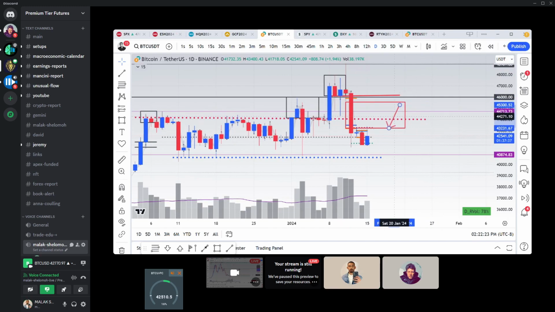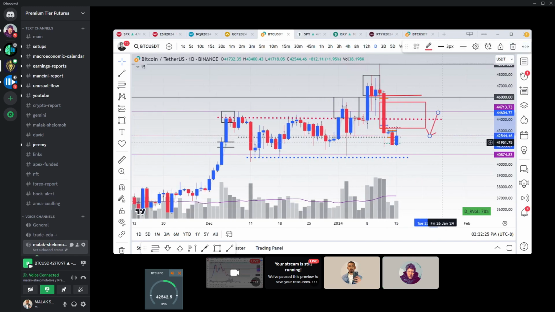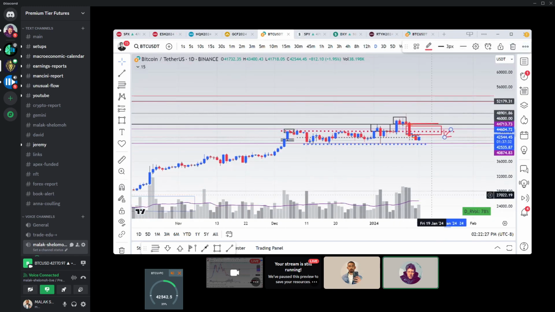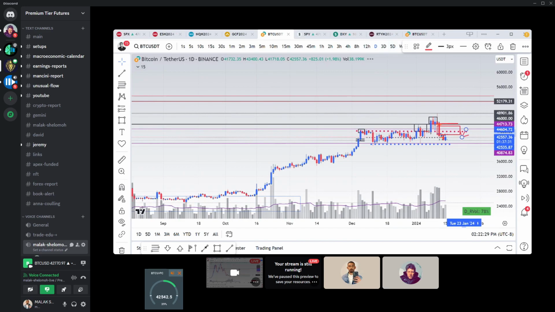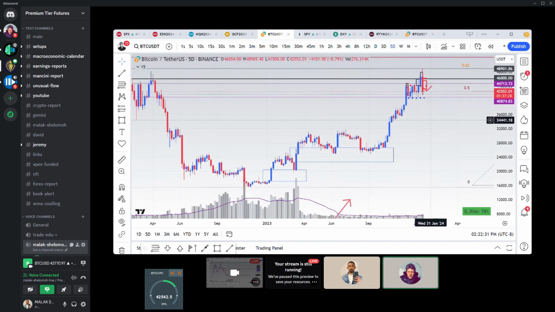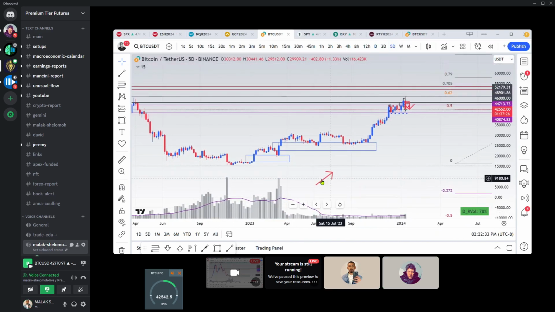Yeah, and then just looking at it on the larger structure, we've got a bottom here. We've got a consolidation here. That's a wave one. Then we've got another horizontal consolidation here. That's your two. And then we've got this horizontal up here.